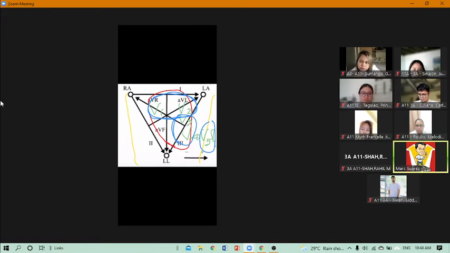So if you have observed, we have encircled V1 and V2. So what does that mean? These two leads are considered contiguous. Therefore, they follow the all or none law.